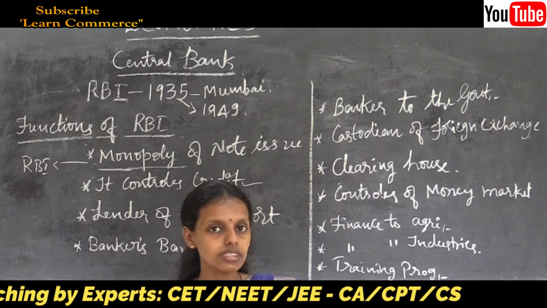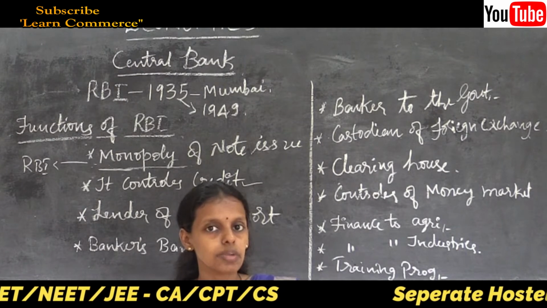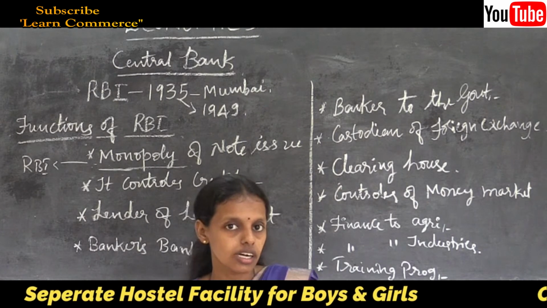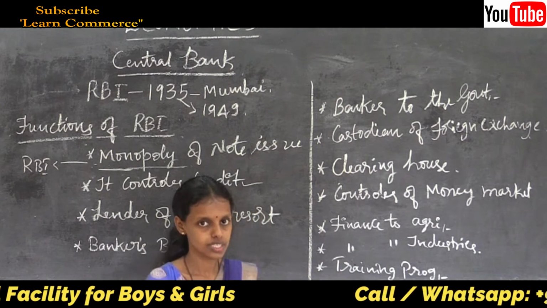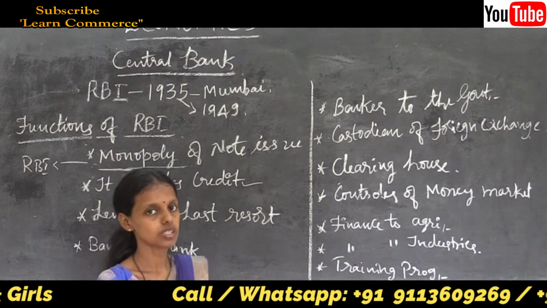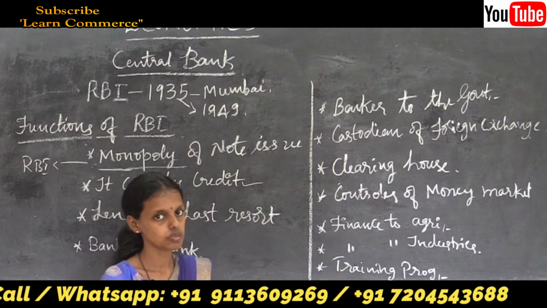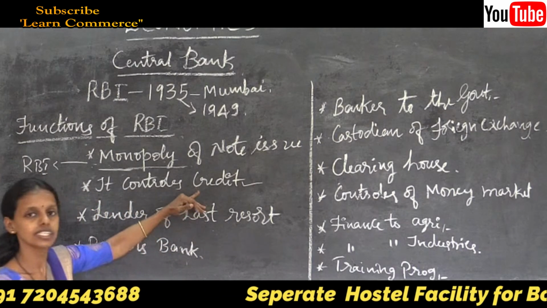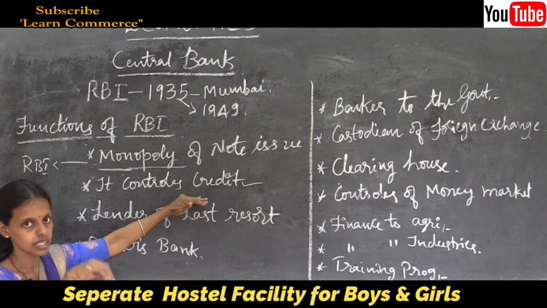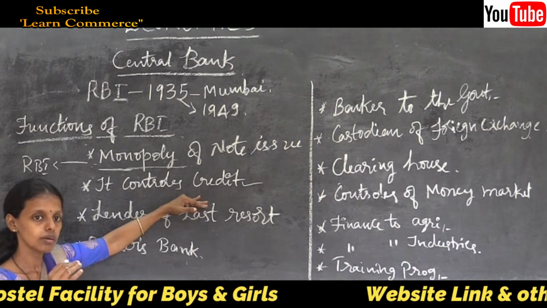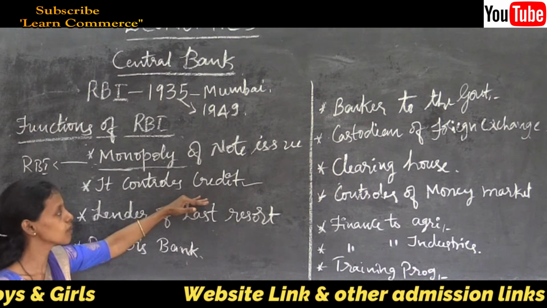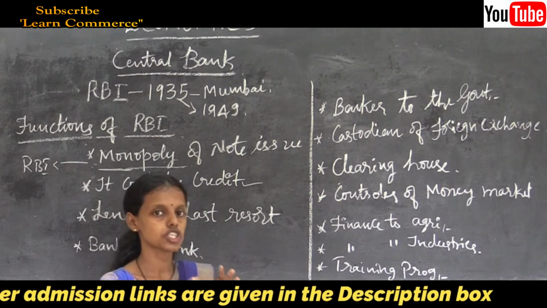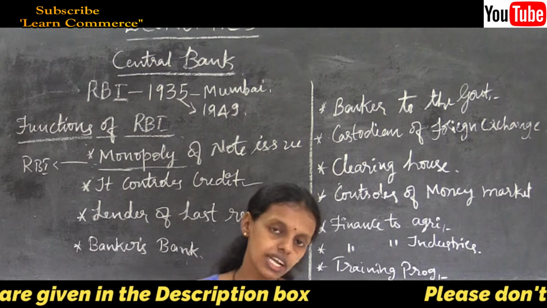Thus, when the money in the hands of the people increases, that is when demonetization took place, as you know. Demonetization occurred in 2016 and was implemented in 17. It was done to control the credit in the hands of the people. Money should be supplied in a limited manner, and it supplies all kinds of credit to the other commercial banks.